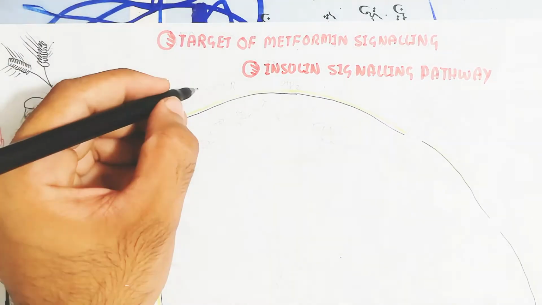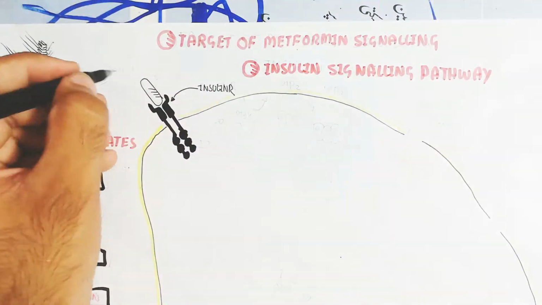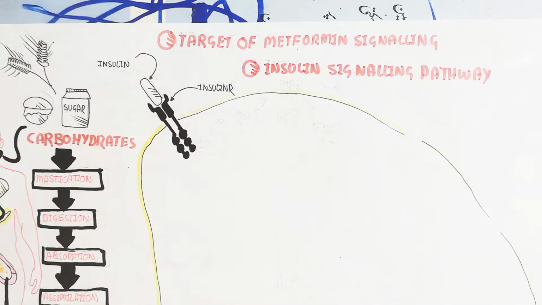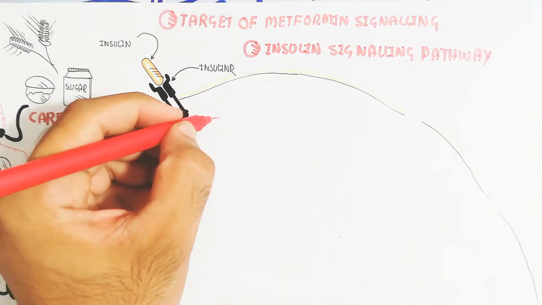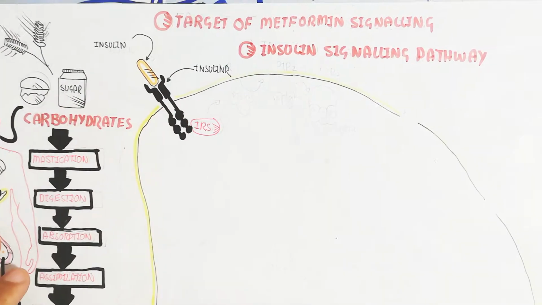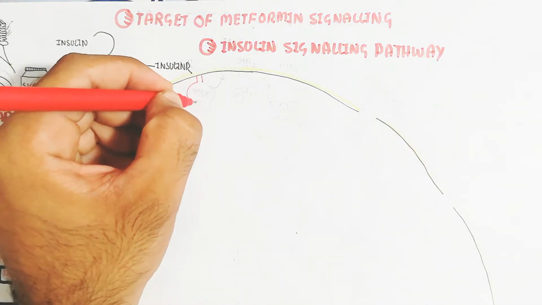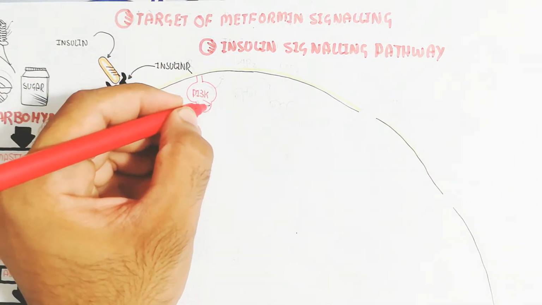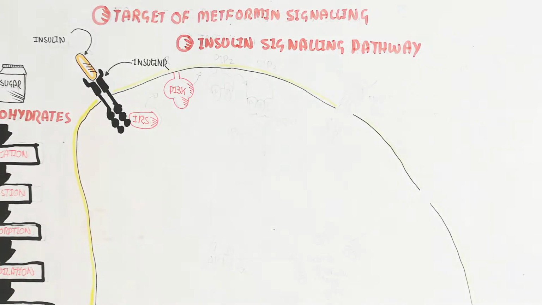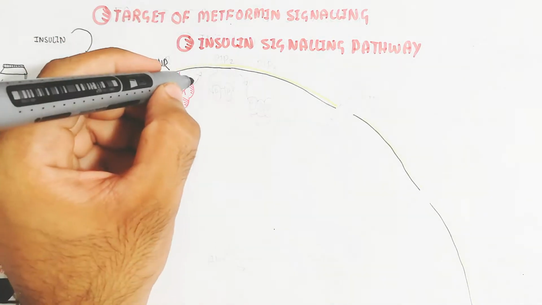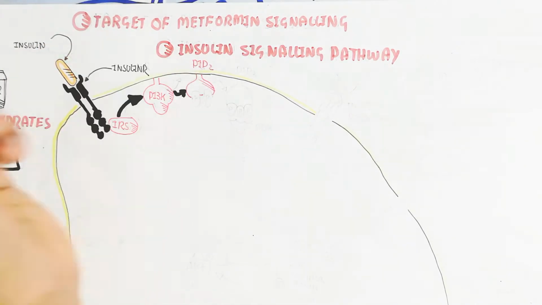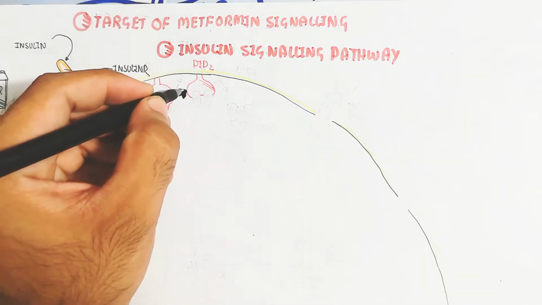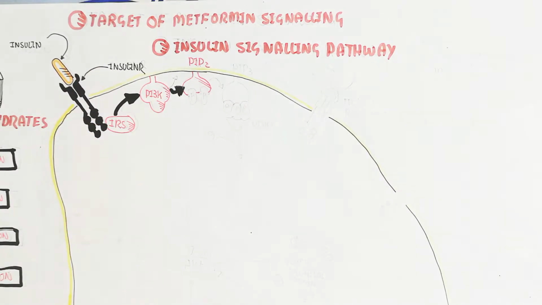So let's begin to understand the insulin signaling pathway. Insulin contains a tyrosine kinase receptor. When insulin binds, the insulin receptor substrate will stimulate phosphorylation of PI3K, phosphoinositide 3-kinase, which will trigger PIP2, phosphatidylinositol diphosphate, which contains 2 phosphate groups, and phosphorylation into PIP3.